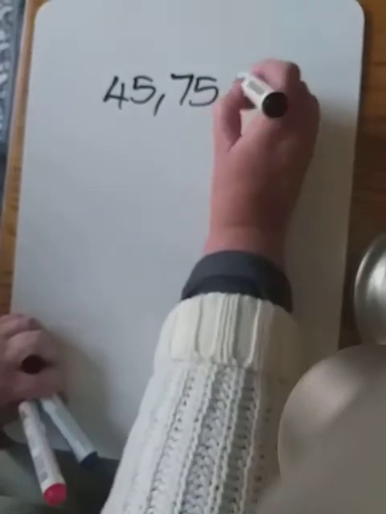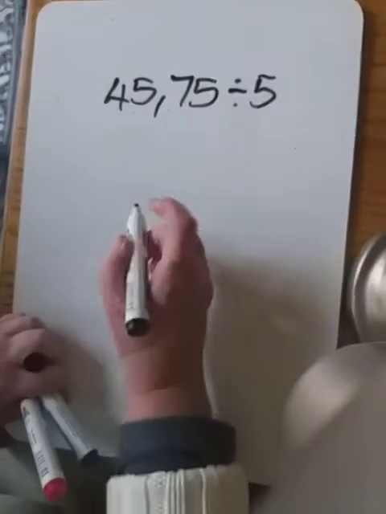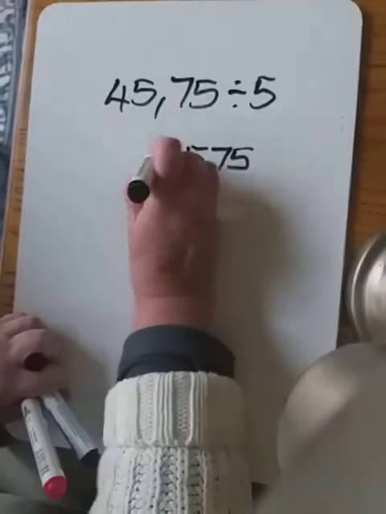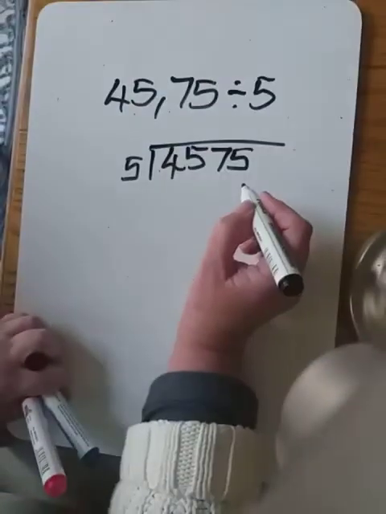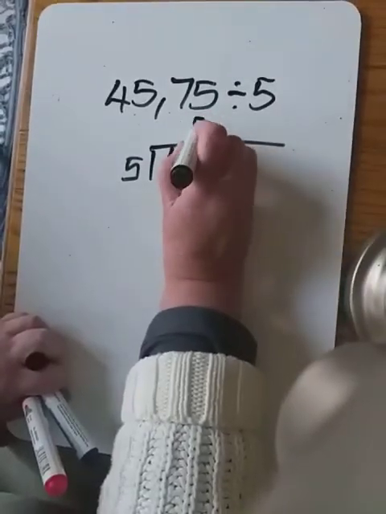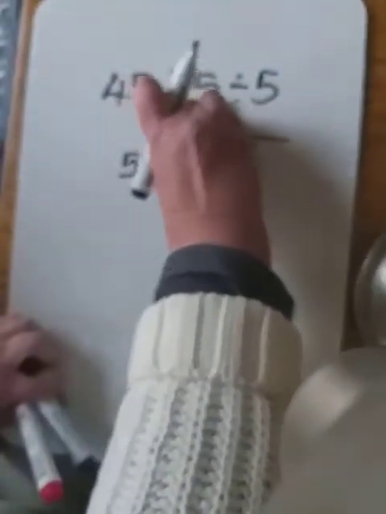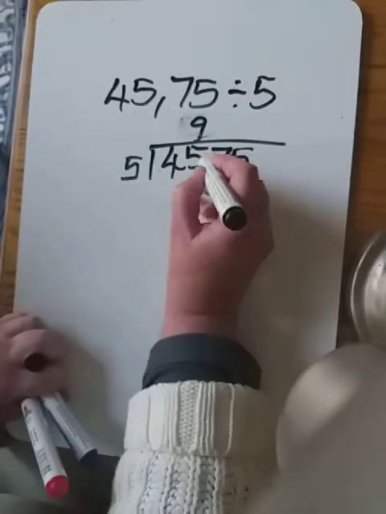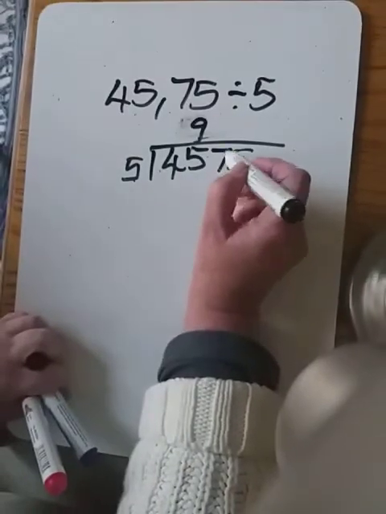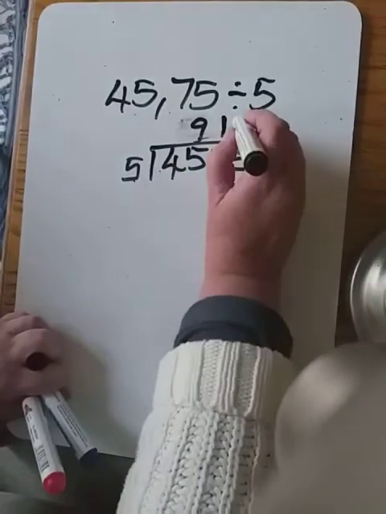Guys, it is a simple division sum like you've always done since grade 3. So you say 4575 divide by 5. Forget about the comma. 5 into 4 can't. 5 into 45 goes 9 times, and that's 45. 5 into 7 goes once, which is 5, remainder 2. 5 into 25, 5 times.